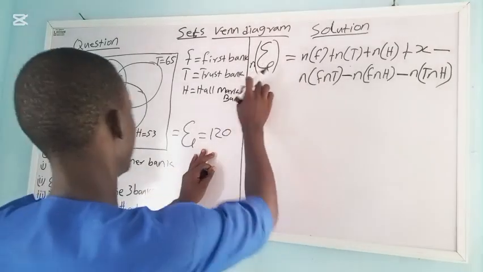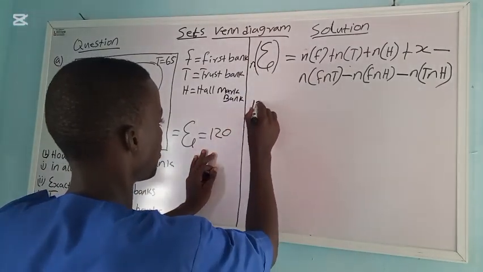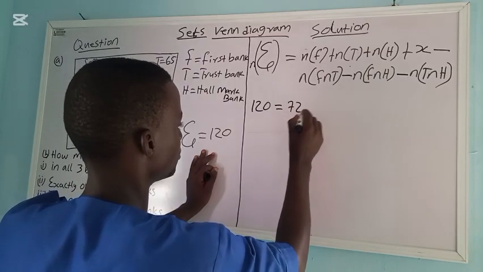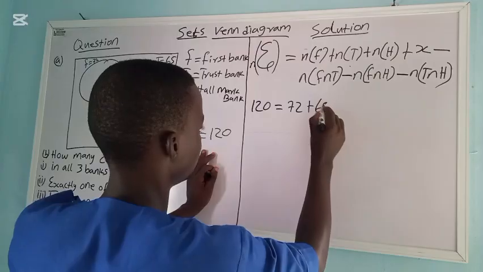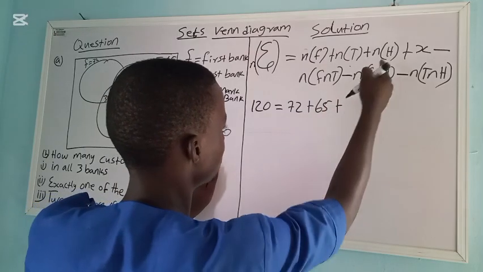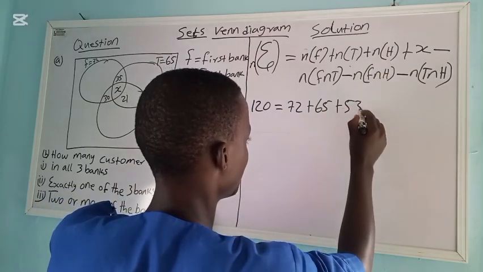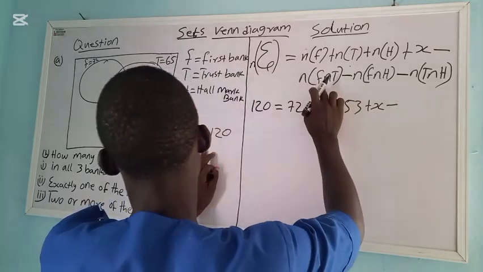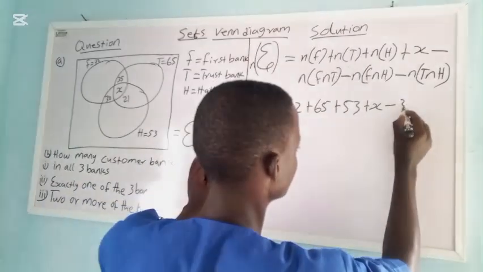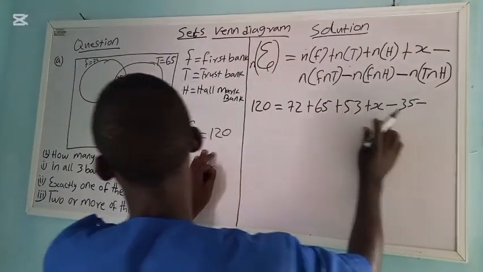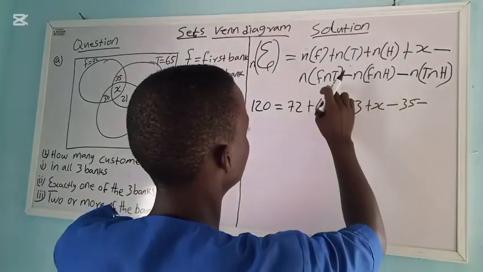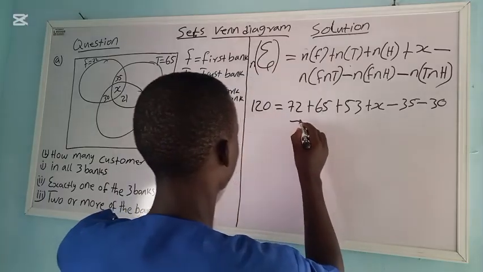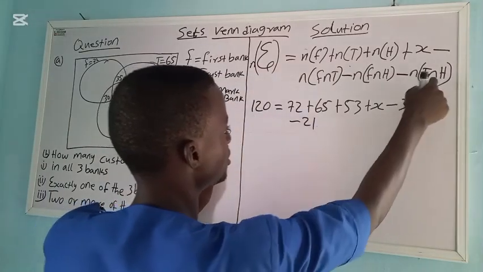So now this one is 120. We have 120 is equal to F is 72, T is 65, plus H is 53, then plus x, minus this one is 35, minus this one is 30, then minus 21, which is this one.